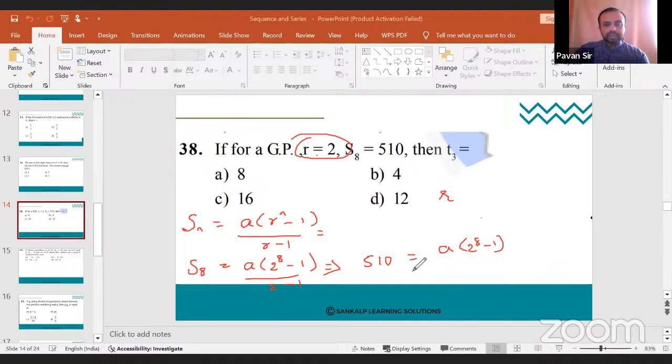It is nothing but 1. So try to get the answer fast. So A into, what is 2 raised to 8? A is the answer. Many of you have started giving the answer A.